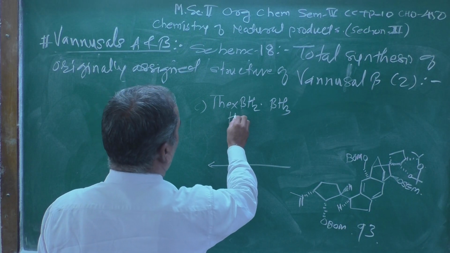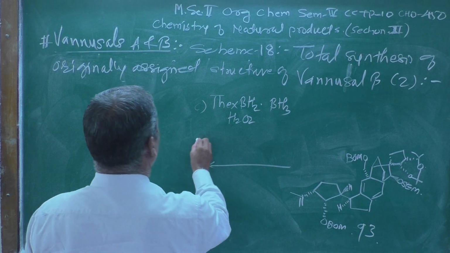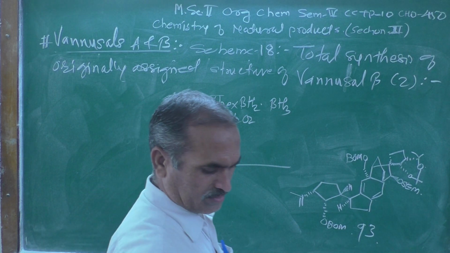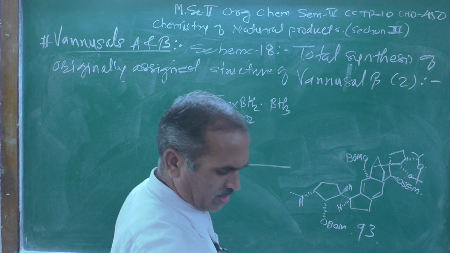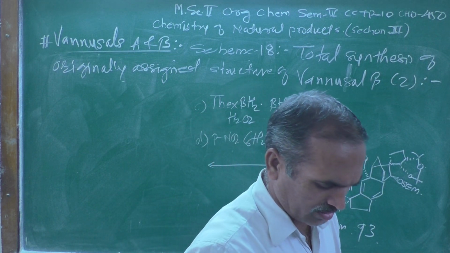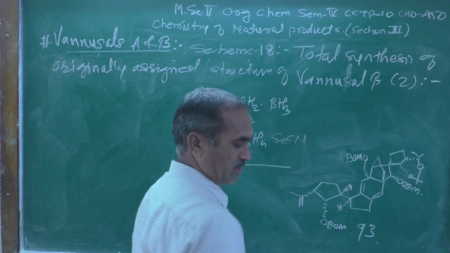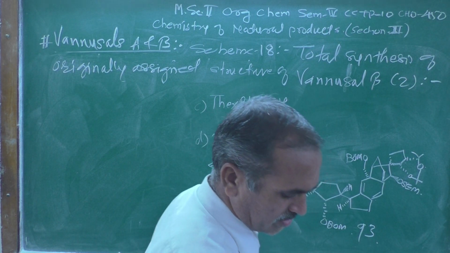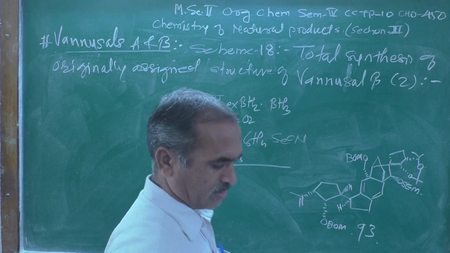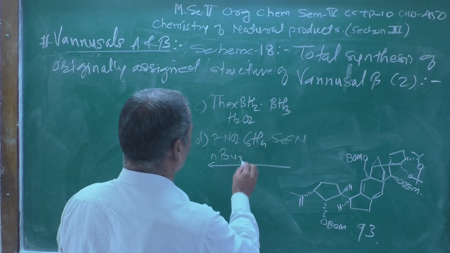After that followed by H2O2, and the D reagent is used as para-NO2 C6H4 SeCN, selenium cyanide, then n-Bu3P, tributyl phosphine.